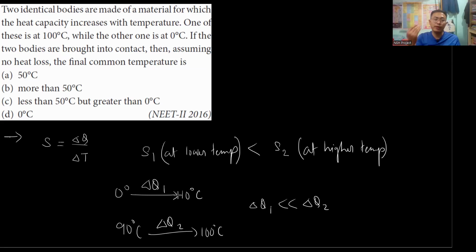Two identical bodies, one of these is at 100 degrees Celsius while the other one is at 0 degrees Celsius.